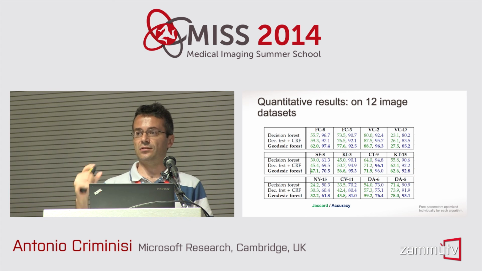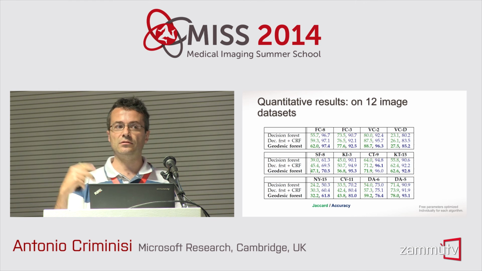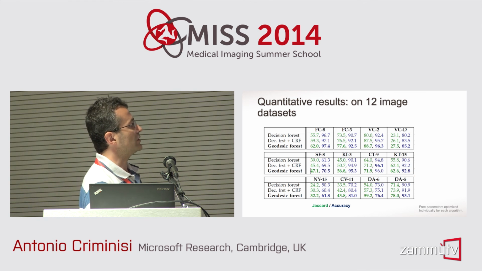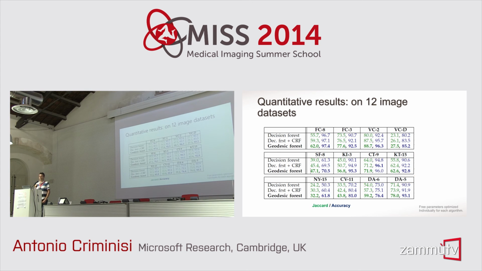And in Jacquard terms, 1 or 2% corresponds to a big visual difference. So this just shows that it is possible to use decision forests with small modifications to do spatially consistent semantic segmentation without the use of a second stage post-processing based on a graph-based optimization technique.